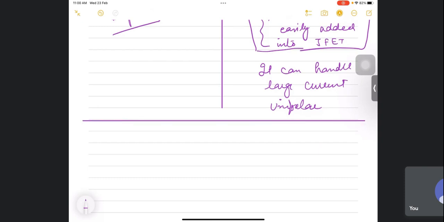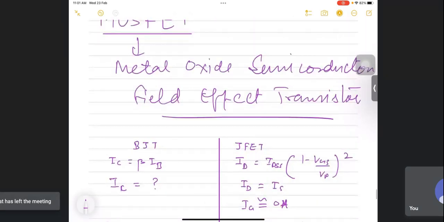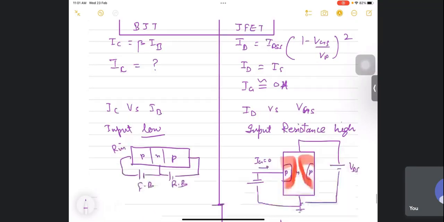These are a few of the differences between JFET and bipolar junction transistor, BJT and JFET. Okay.